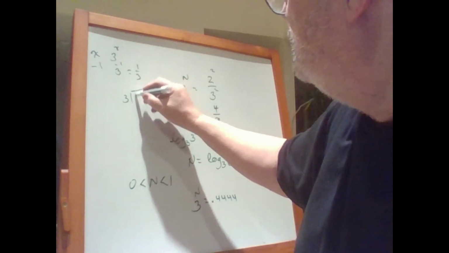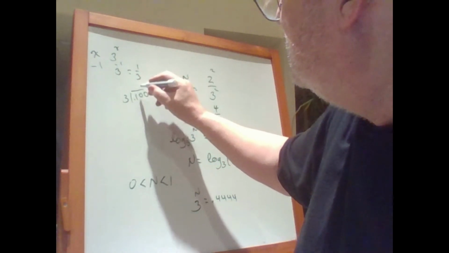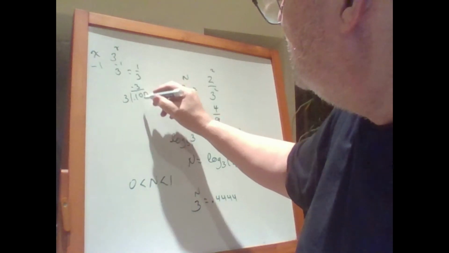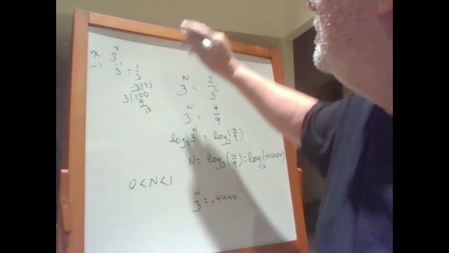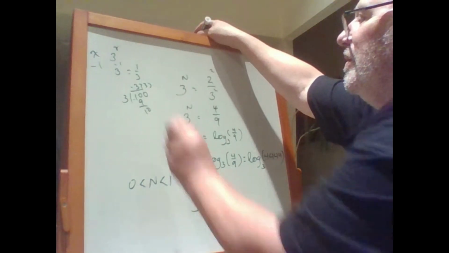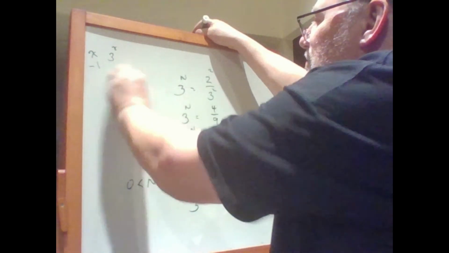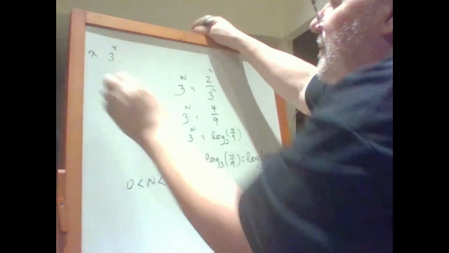3 into 10 is 3, 9, 3, 3, 3. So minus 1 gives us 0.3333.